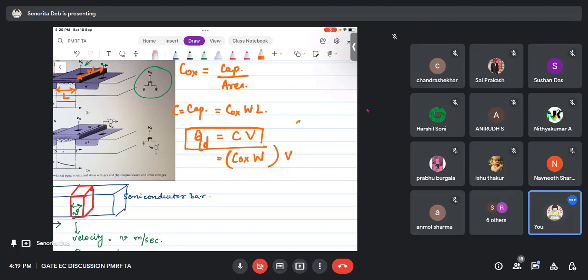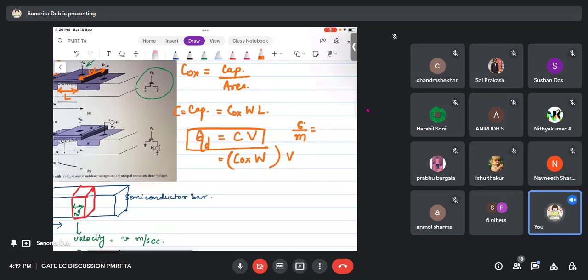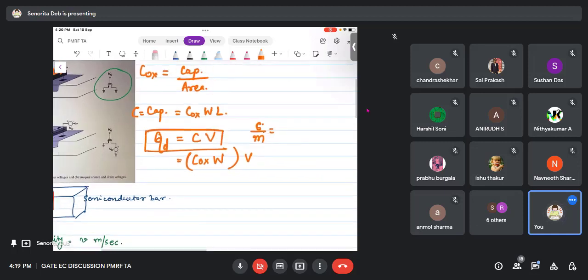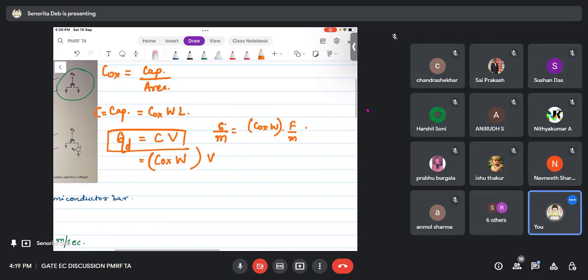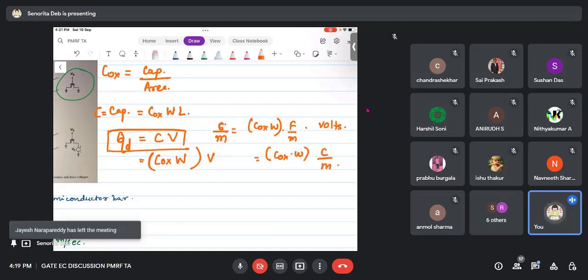And therefore you see, COX W has unit of what? Farad per meter, right? And then you have voltage, volts. So farads into volts is coulombs per meter. Okay, so like this you should be able to match the units always. This reduces your silly mistakes probability.